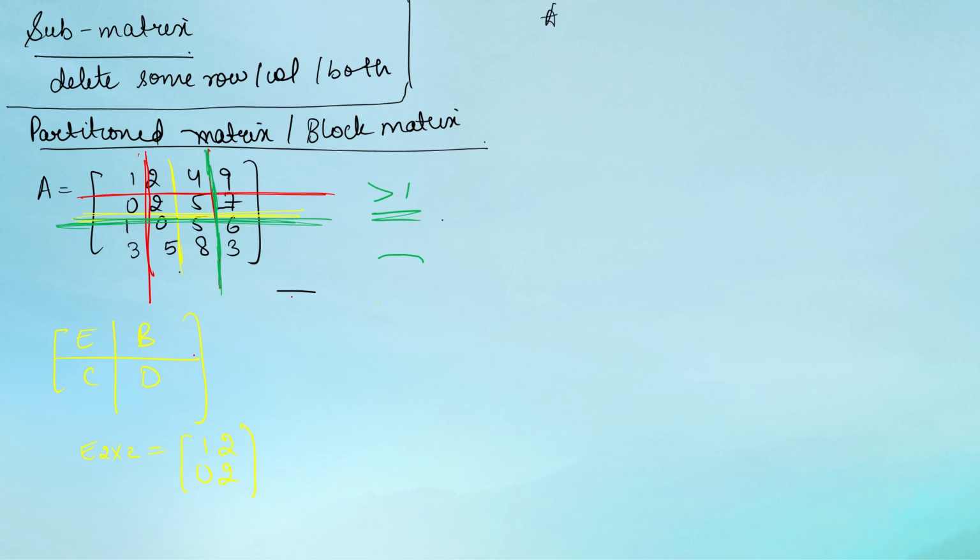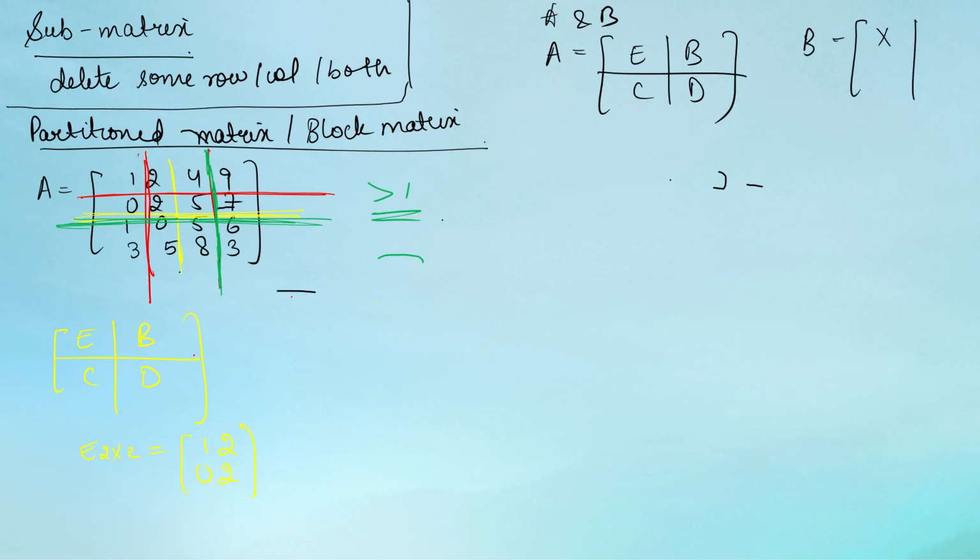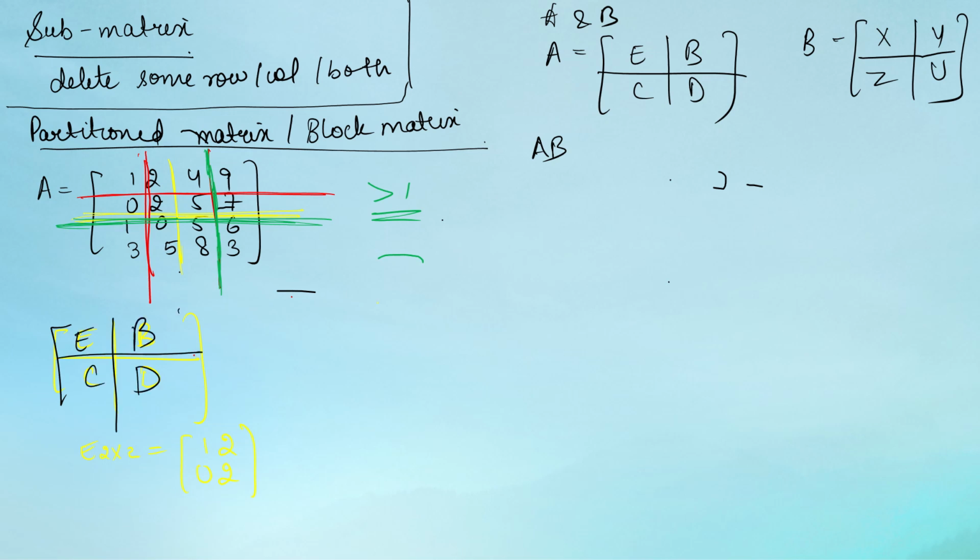So let's say you have a matrix similar to these, A and B. You partition them, and you get A as E, B, C, D, like we got here, and B you get as X, Y, Z, and U. Now, how will you obtain the product AB? A, B, C, D. This is an example. E, 2 cross 2, was 1, 0, 2, 2.